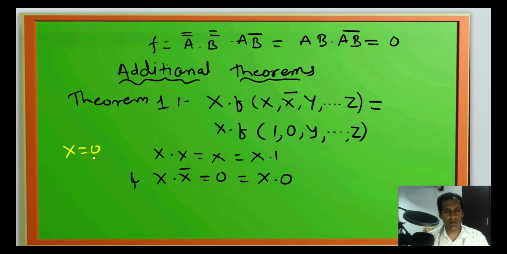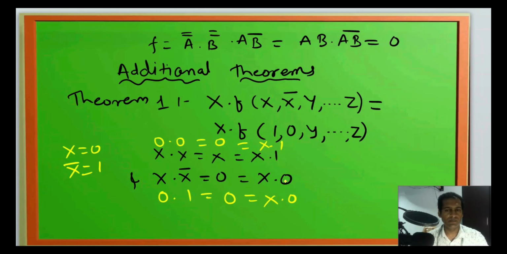For example, if x is 0, then x bar will be 1. So 0 into 0 is 0, that is x into 1. Similarly, if we take the dot product of x, 0, and x bar, 1, it will be 0, which is x into 0.